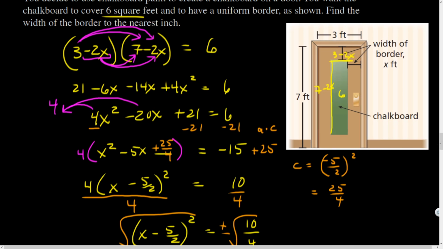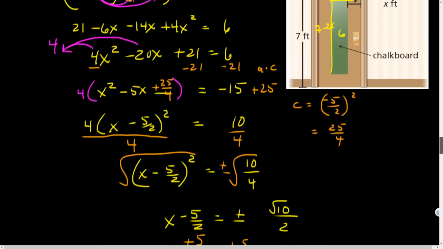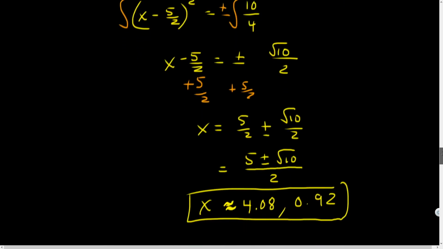So find the width of the border to the nearest inch. Oh dear. Oh, guys, that's so crazy. This is what would have been so sad, if this was on Big Ideas Math and you were doing a homework question, we would have gotten our answer in terms of feet. Look at all of this beautiful work, right?